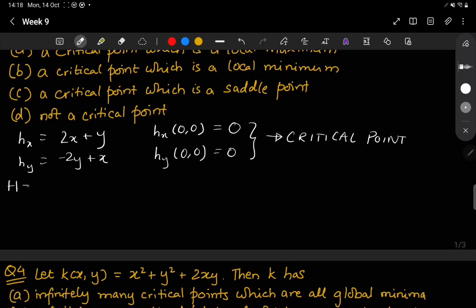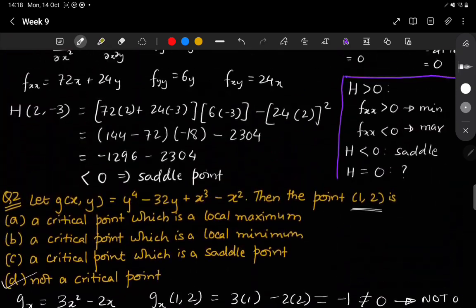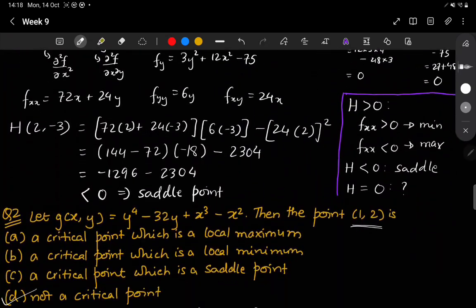Now we need to find out the Hessian. Using these, the Hessian becomes negative, which implies that it is a saddle point based on the conditions that we wrote in question number 1.